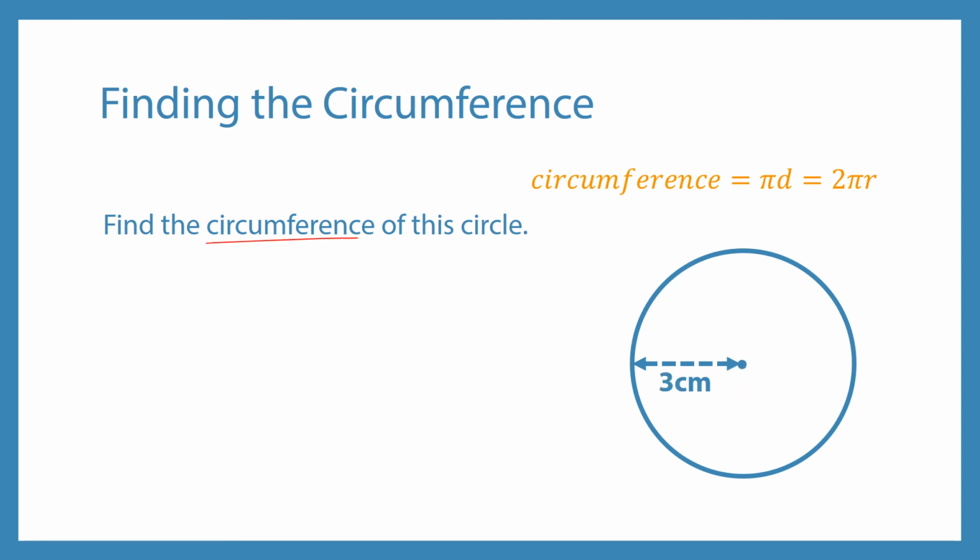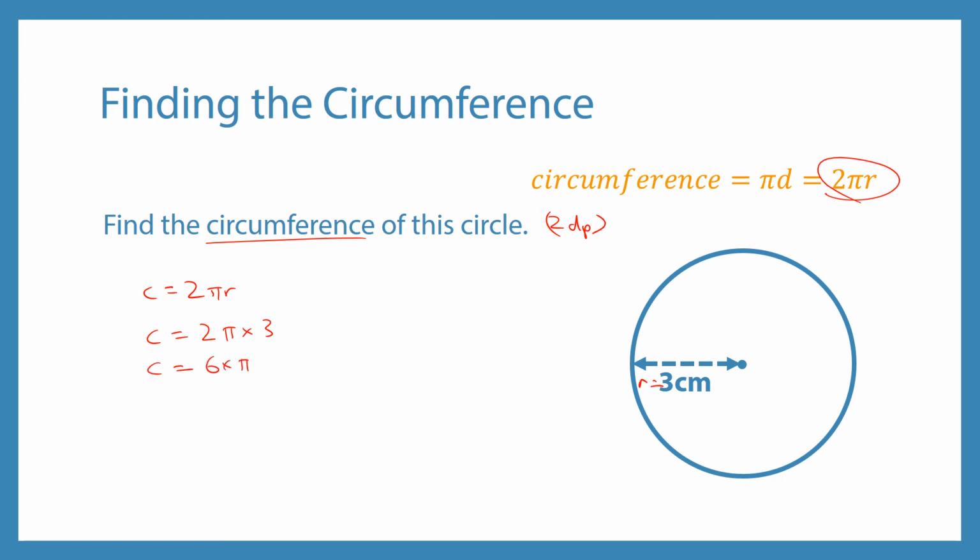Okay, this time, can you find the circumference to 2 decimal places? So we've been given the radius, so I'm going to use this. Circumference equals 2 pi r. So equals 2 pi times 3. So it equals 6 pi.